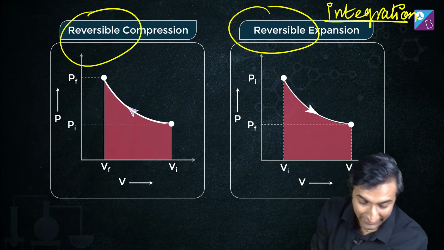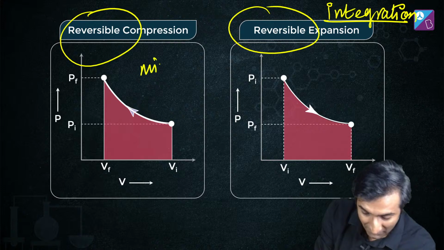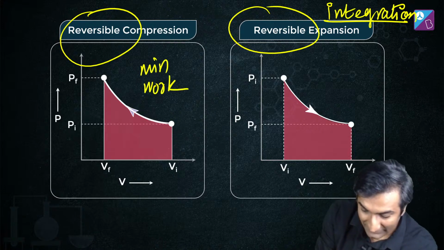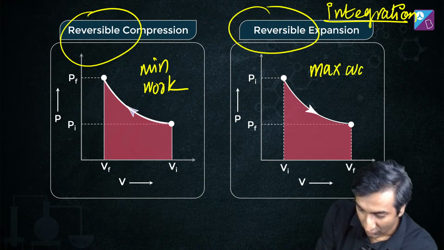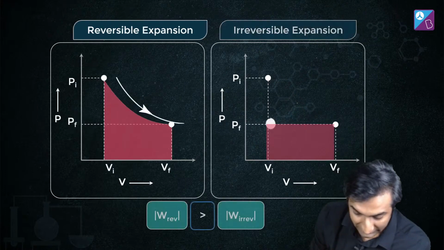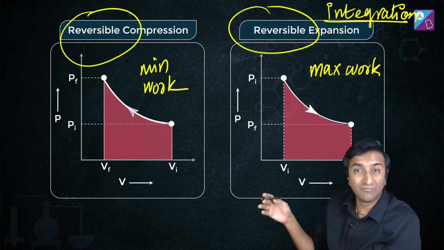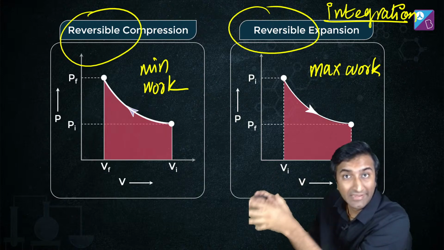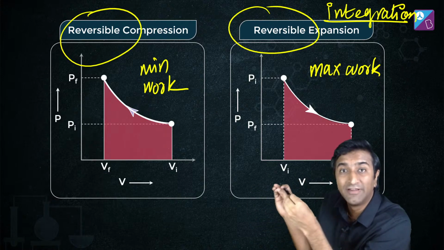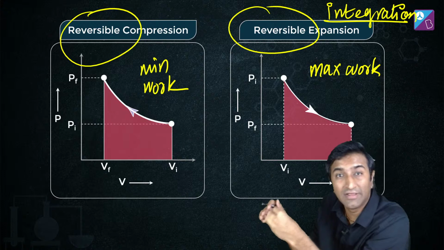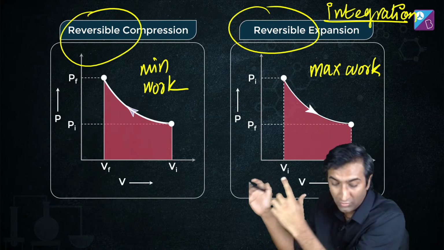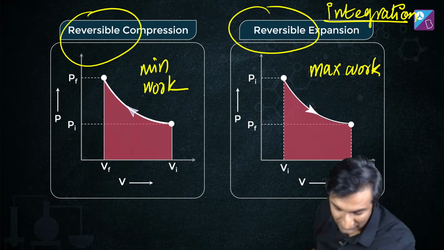But see this, look at this. This is the minimum work done, and this is the maximum work done. So that's what I want you to see. The compression work is minimum when you have reversible processes. Expansion work is maximum when you do a reversible process.